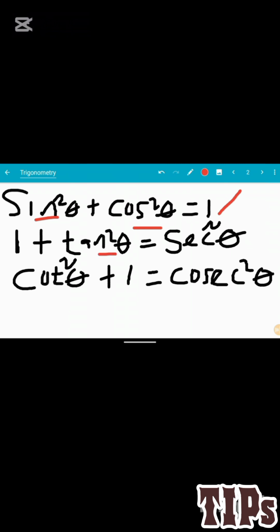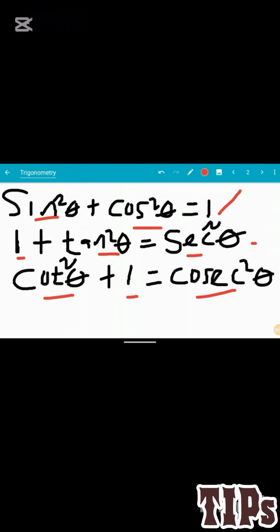The third one is cot square theta plus 1 is equal to cosec square theta. By getting the second, I think it is very simple. Why can't we divide sine square theta plus cos square theta equals 1 by cos square theta? You will get 1 plus tan square theta is equal to sec square theta.